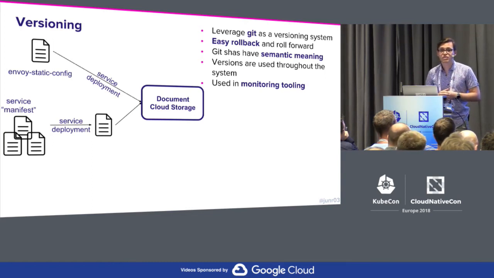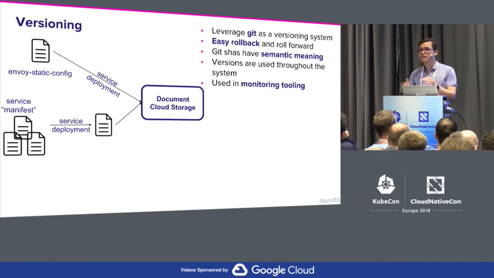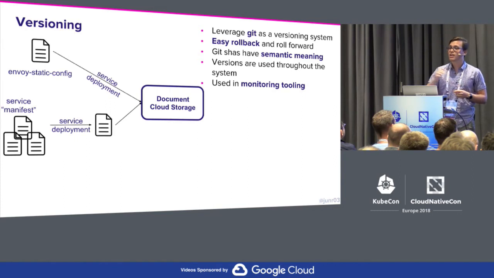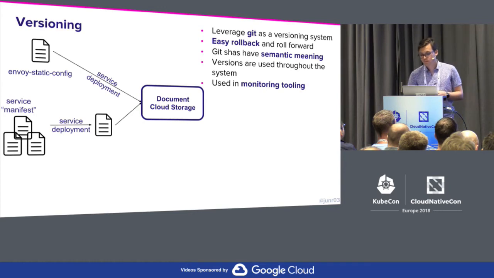We treat configuration just as we treat code. It's version control. This means that there's semantic versions attached to every configuration change for Envoy at Lyft. This allows us to leverage monitoring throughout the entire pipeline. Service developers are not confused about the configuration that is in production or staging or Canary. And more importantly, it's easy to roll back and roll forward. You just revert a commit, deploy that new change.